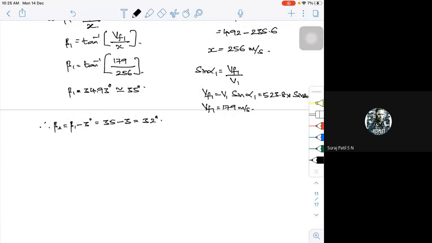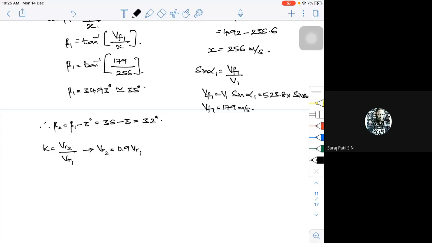And also they have given the friction factor, that is K is equal to VR2 by VR1, or I can call VR2 is equal to 0.9 times VR1. That means your relative velocity at the exit is getting reduced.